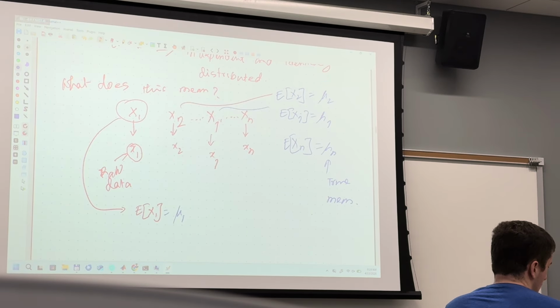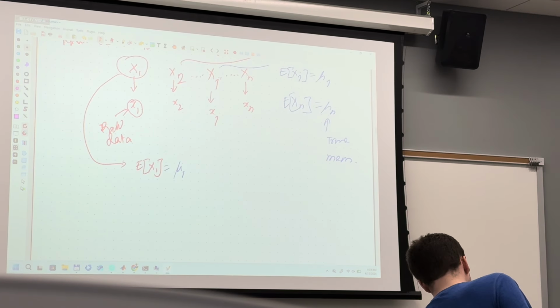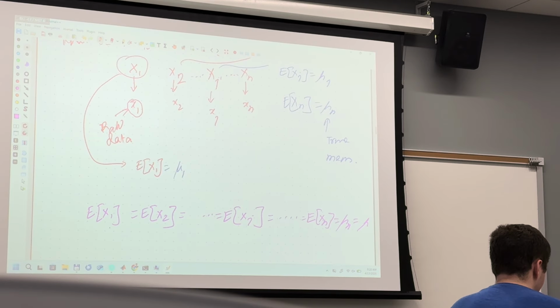So far these are trivial. What IID means is this condition: expectation of x sub 1 equals expectation of x sub 2 equals dotted, expectation of x sub j equals dotted, equals expectation of x sub n equals mu, which means that all the true means of all the random variables are exactly the same.